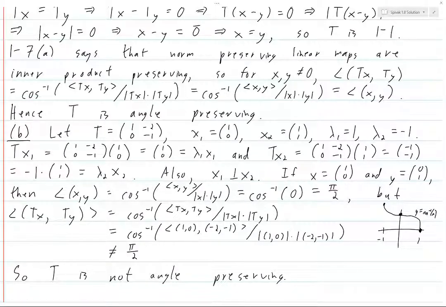And then part C, we can't even answer that because we don't really have a grasp on what angle preserving linear transformations look like, because B is not true. So I think you can answer C, but it takes some more advanced techniques that we don't really have at our disposal now.